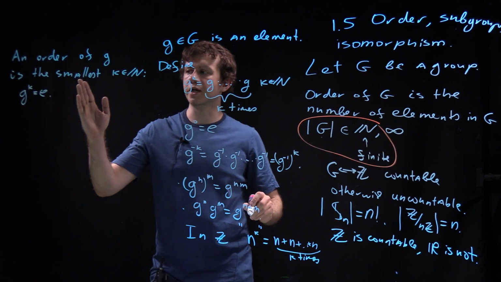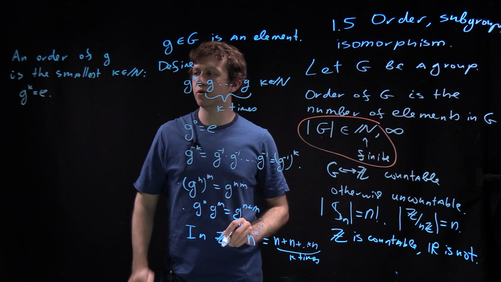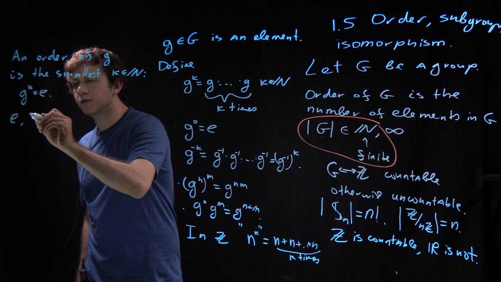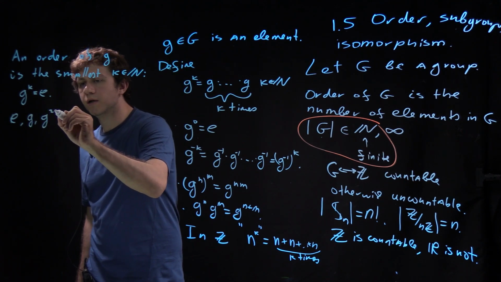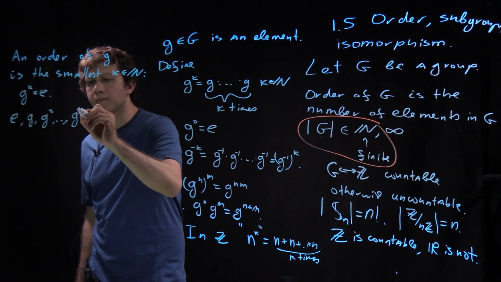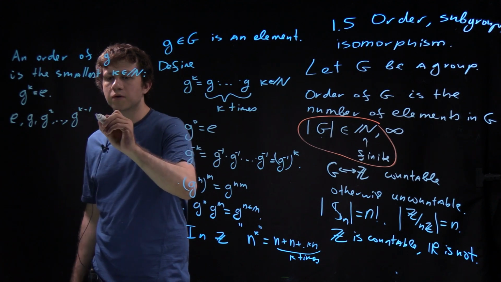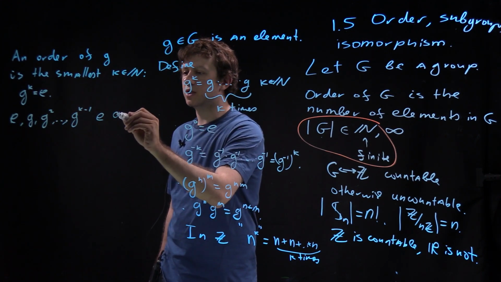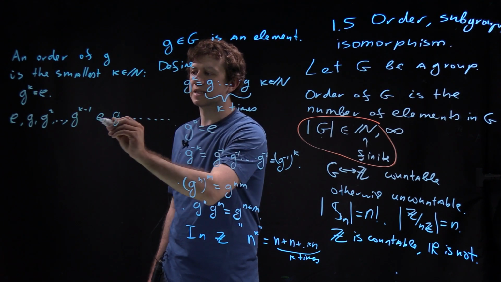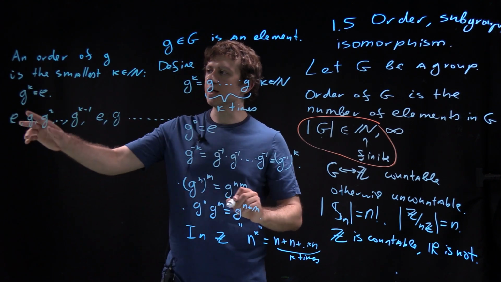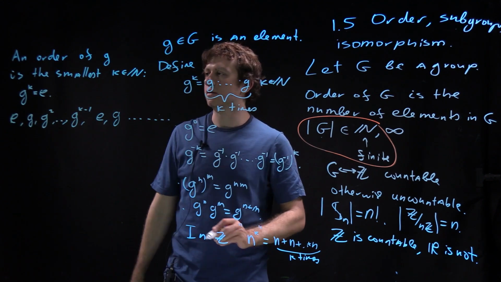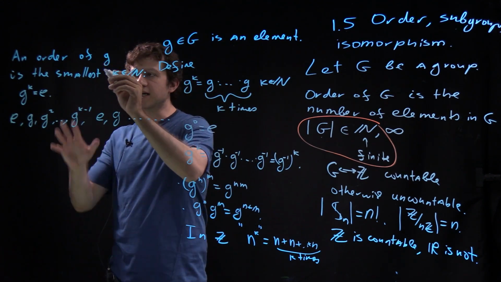So when you multiply g, at some moment you will get e, and then so basically you have identity, g squared, and so on, g power k minus 1, and then you have again identity, and when you take power k plus 1, you will get g, and so on, and so you have a cycle. So kind of, if such number exists, then you have a cycle. So let me say if it exists.